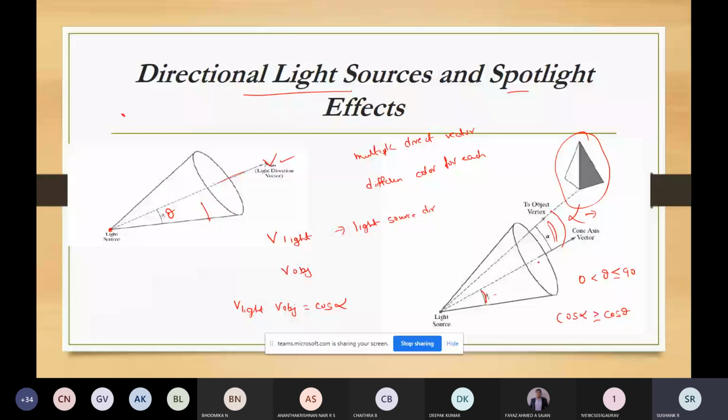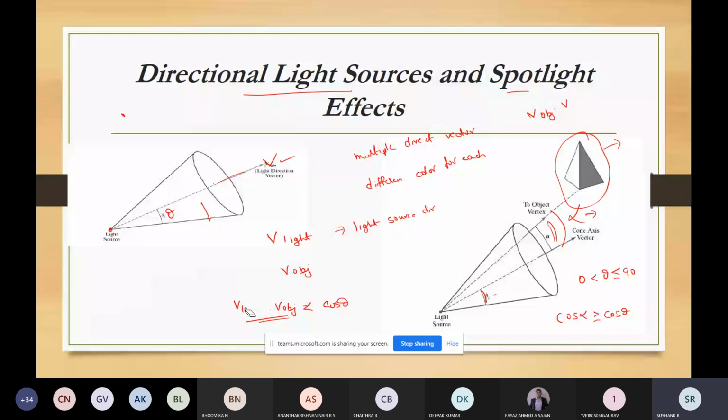If the product of v object into v light is less than theta, what does this mean? It is a simplification of the same thing.